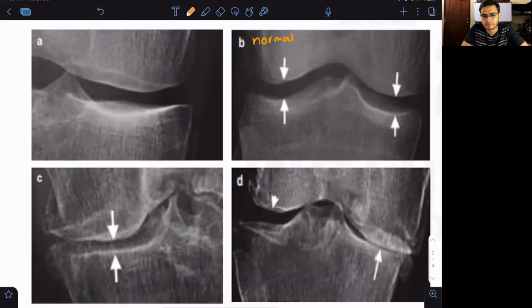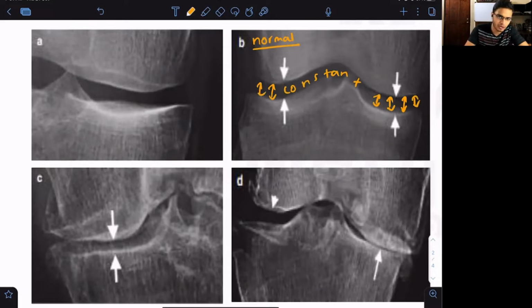What I want you all to realize first, right? The joint space. Firstly, guys, when we are assessing, joint space is usually constant throughout the joint. There is a constant joint space, right? That is how it is in our normal joints, right?